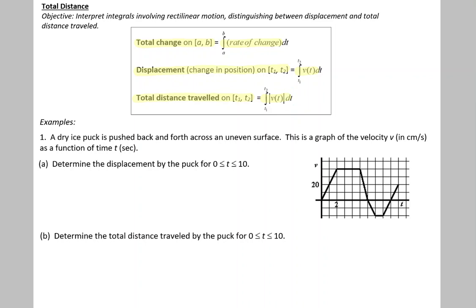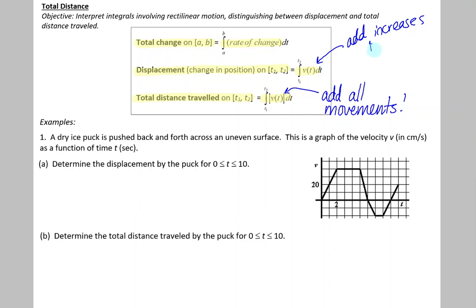The absolute value tells us to add all the movements, whether they are increases or decreases. Whereas here, when there is no absolute value, we add any increases in position and subtract any decreases in position.